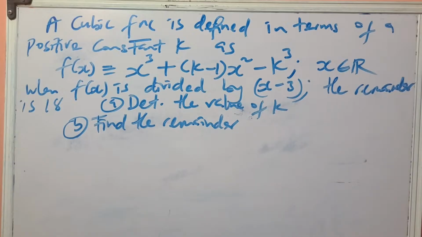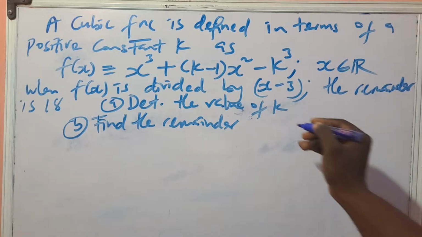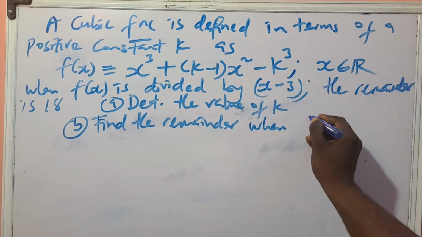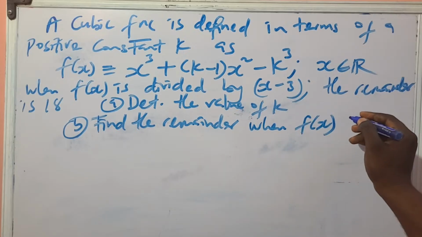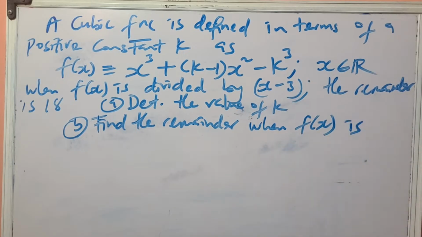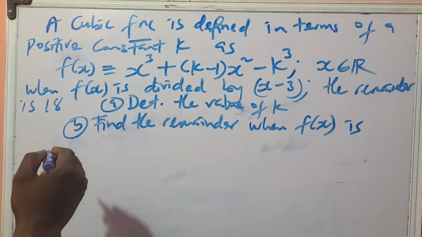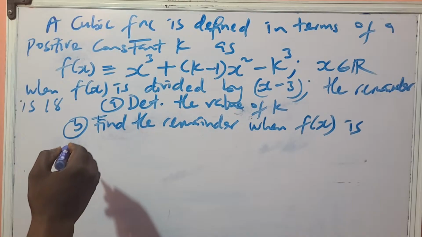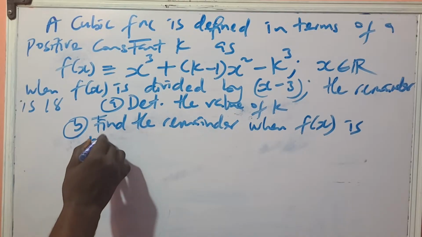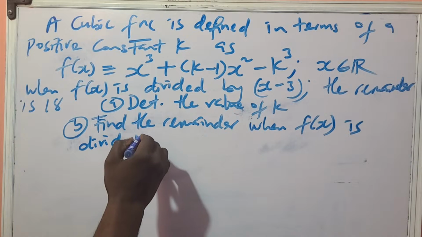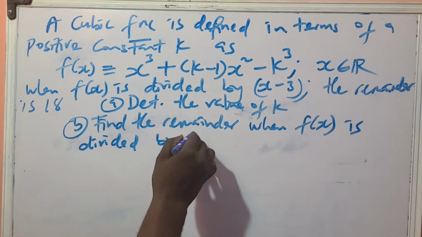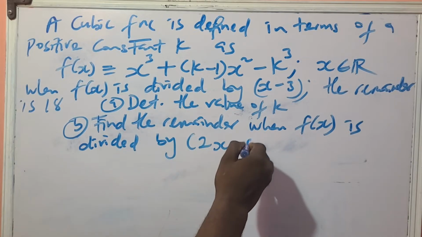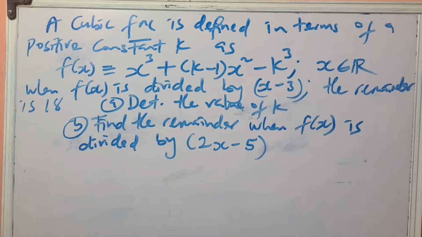Anybody with the answer yet? So the second question said find the remainder when f of x is divided by 2x minus 5.